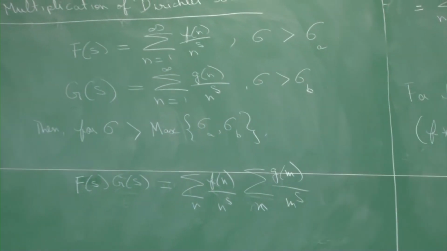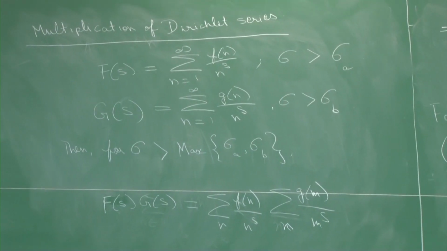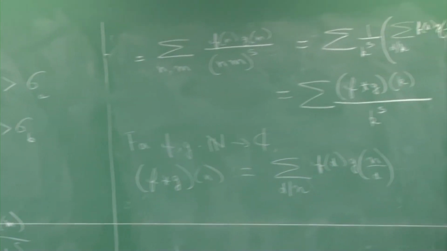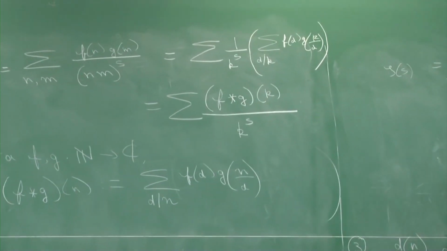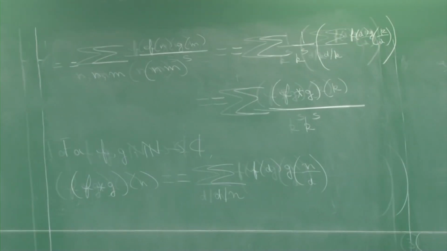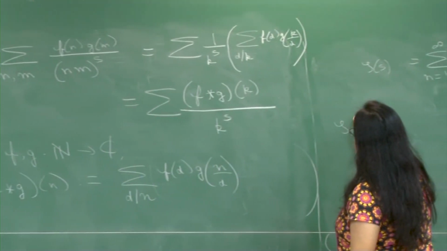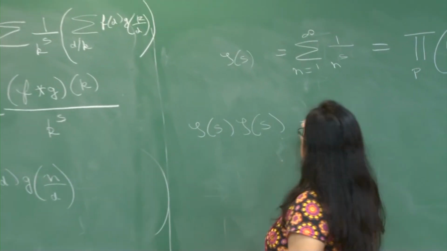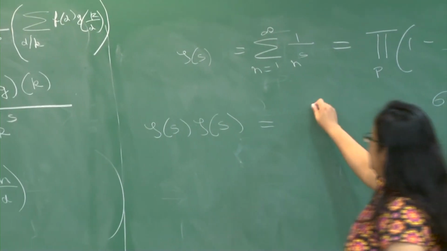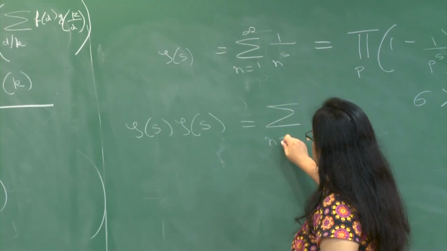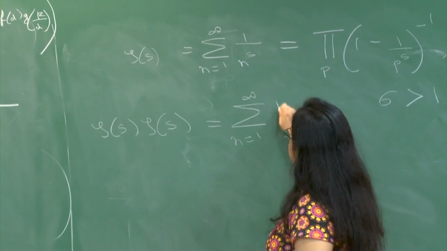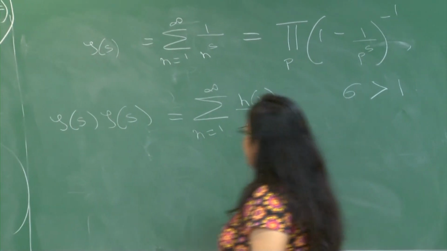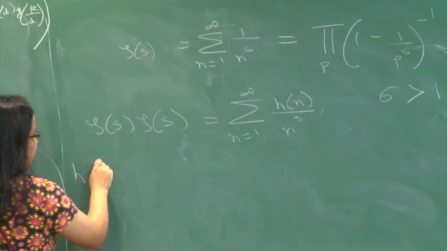Now, some quick examples. So, let us keep this intact. Zeta of s is one of our most favorite Dirichlet series, of course. Suppose I ask you, what is the square of zeta of s with itself? This would be equal to summation n going from 1 to infinity h of n over n to the s, where what is h of n?